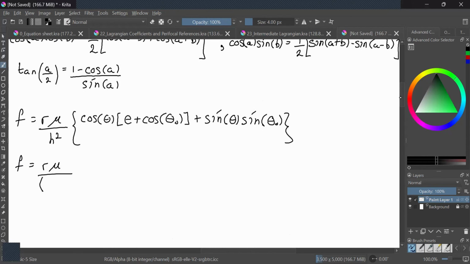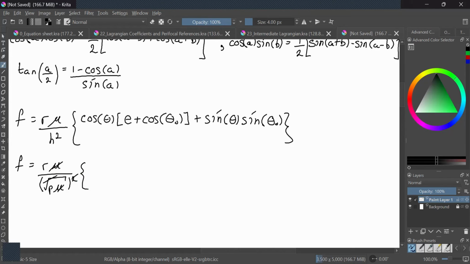So if we reset that so that it is the square root of P mu squared, well, the square is going to cancel out with the square root, the mu is going to cancel out with the other mu, and so that's going to leave us with R over P, which I will rewrite on the next line.